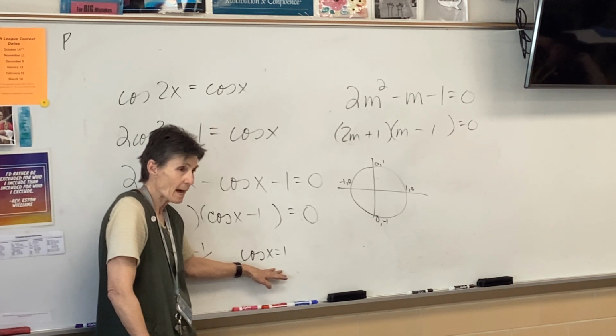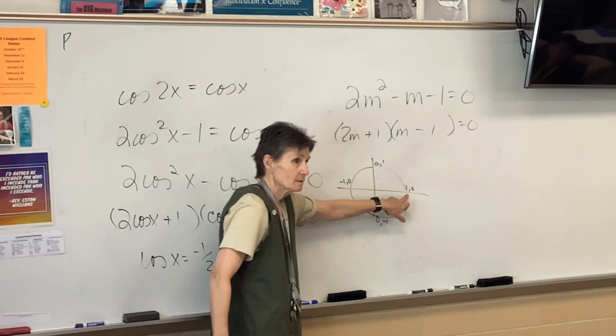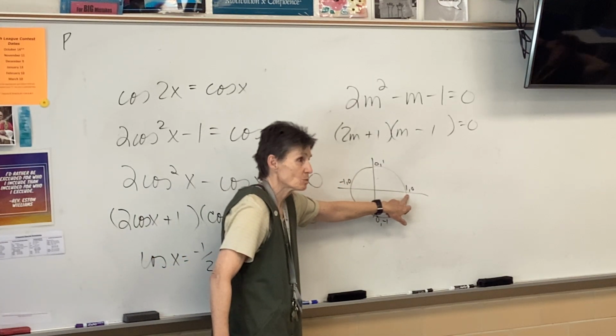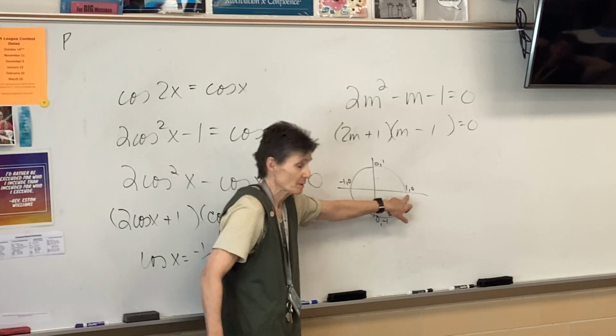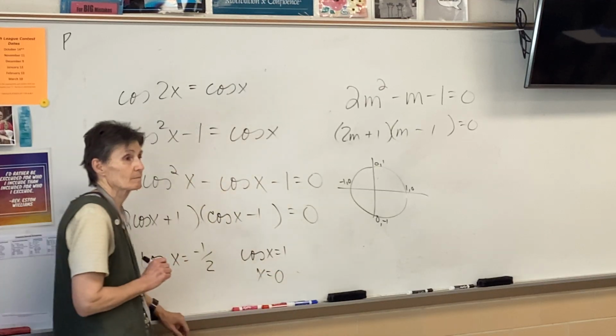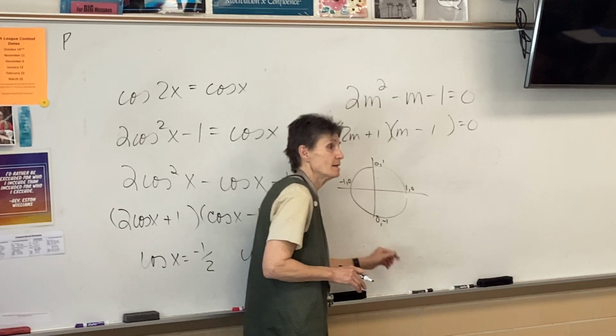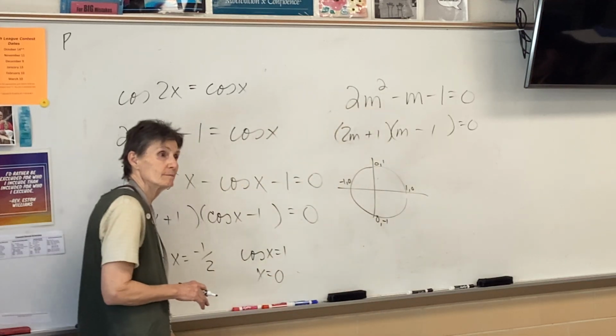Where does that happen? 0 right there. That's the only place cosine is 1. Remember, cosine is your x coordinate. So this one has an answer of 0. And that's it, because there's no more places that have an x of 1.